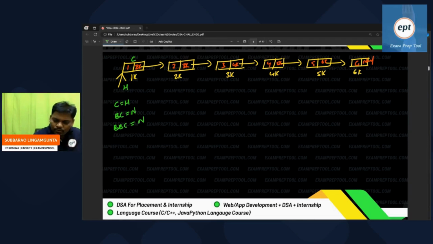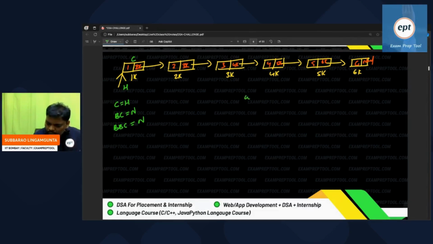Now see this one, current node. First let me check: wherever current node is there, is a node there? Current not equal to null means a node is there. Current equal to null means a node is not there. So let me write the rough code.